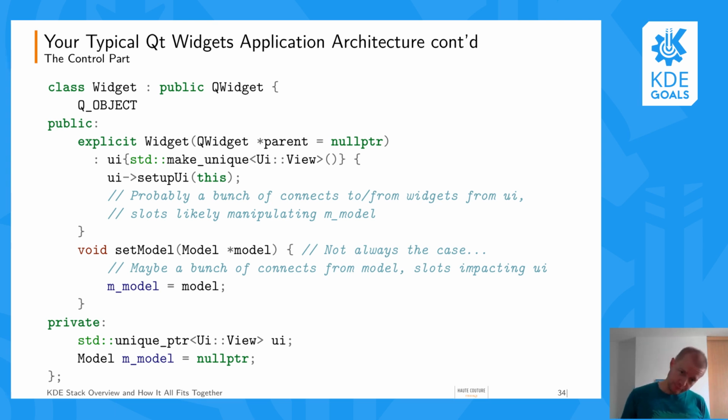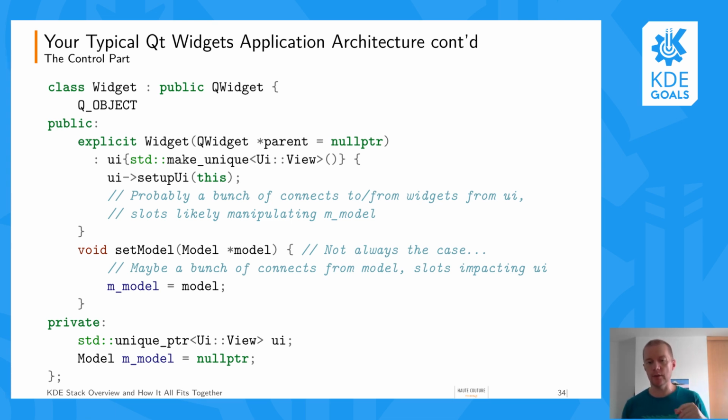On this, we might have a bunch of connects to and from the widgets toward the UI. And you will probably have the slots that you're connecting here, which manipulate the model, which would point to, I forgot the star here, but imagine that's a pointer, internally. That model can come from the outside, and we probably would have a setter to set the model.